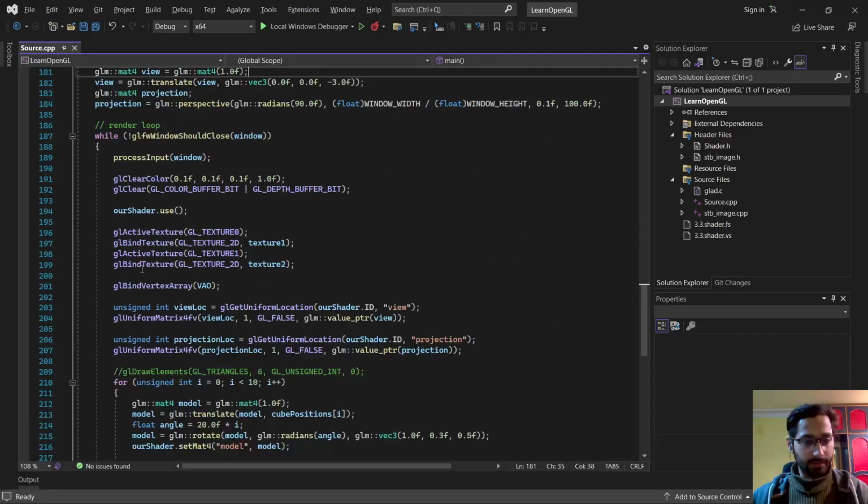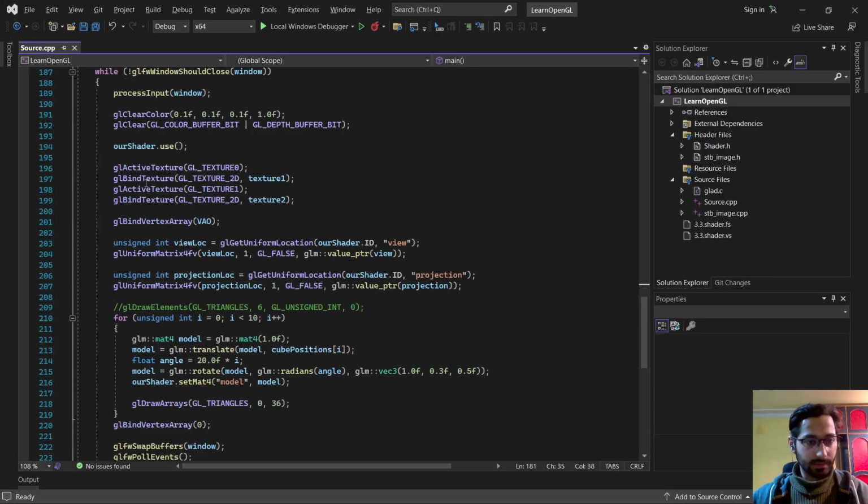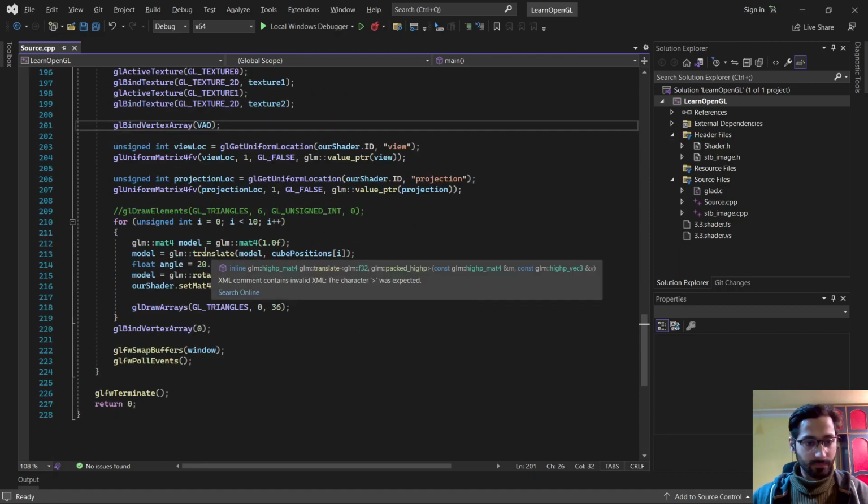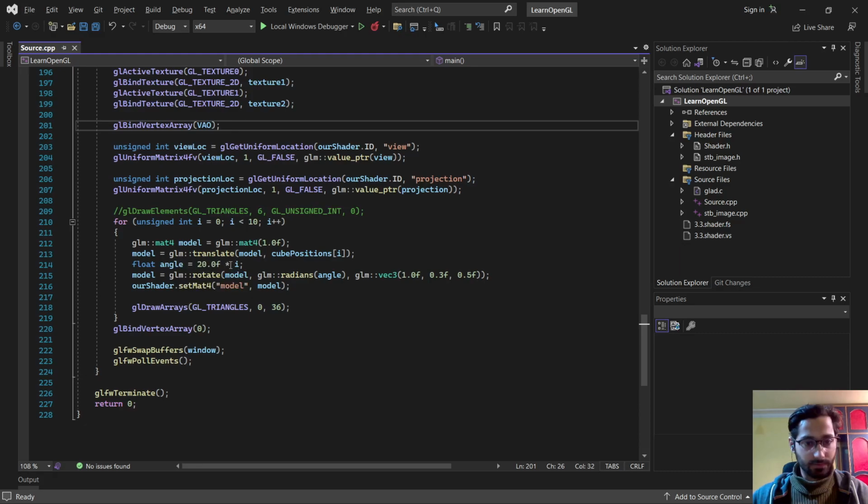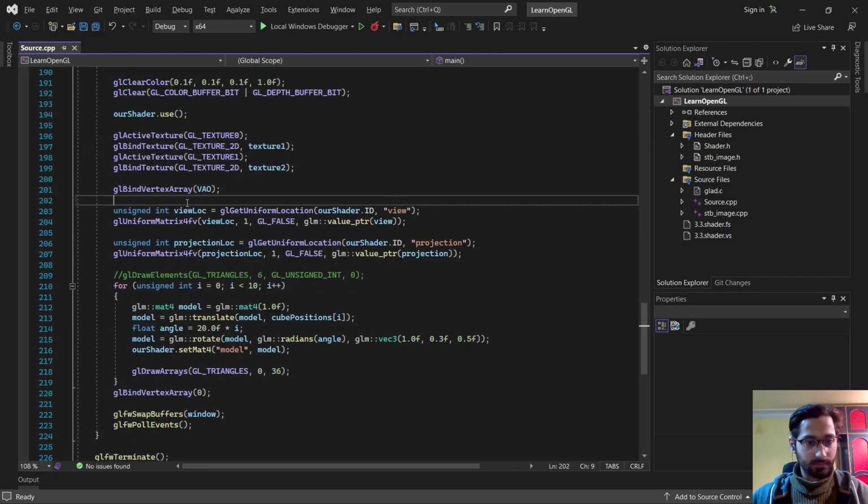First, we're going to define a radius. So let's do that somewhere here. This is to do with the model. Yeah, let's do this here.